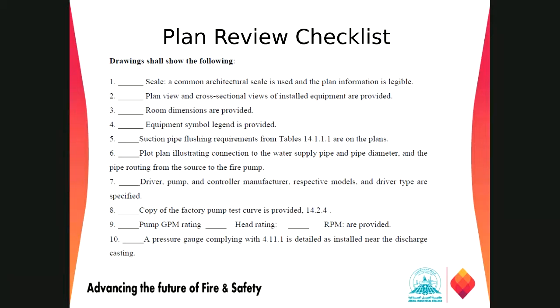Copy of the factory pump test curve, right? Look for the certified fire pump curve. Look for that one. And then we have the pump GPM ratings, head ratings, RPM also provided on the drawings or in the data sheet so that we can have some information.